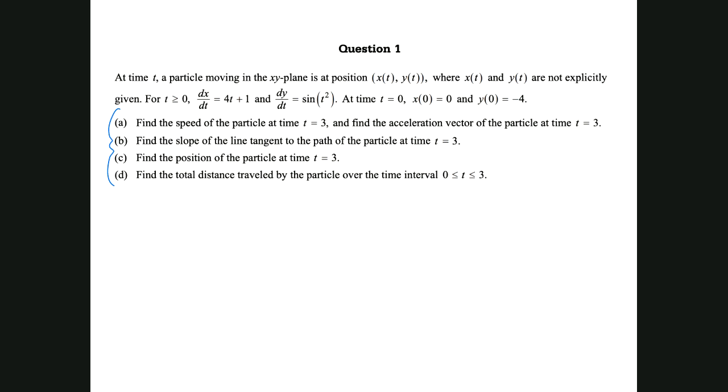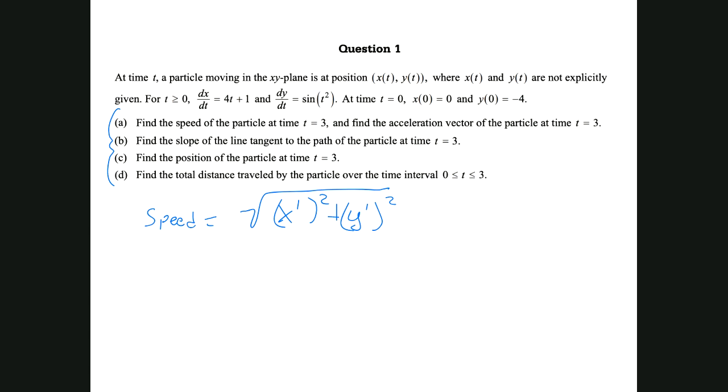Okay, so now let's take a look. When you did speed, what did you do? It says find the speed of the particle at time t equal to 3. So what I did is I said, okay, speed is equal to the square root of x prime squared plus y prime squared.